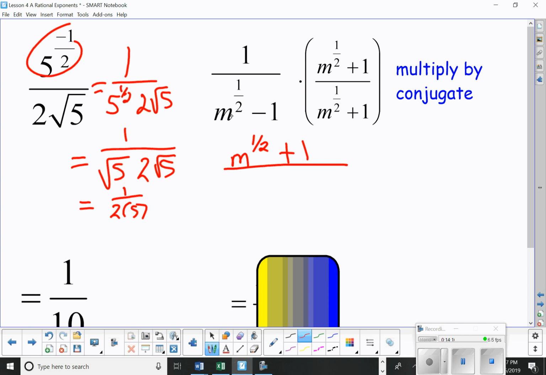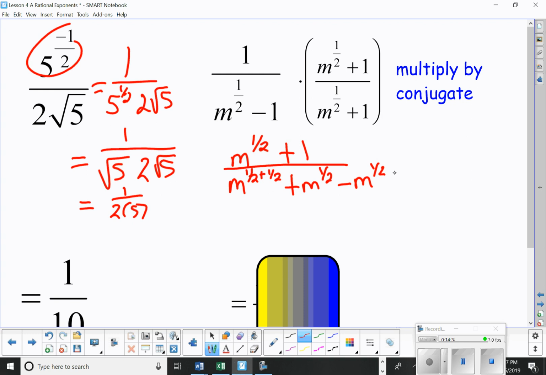In the denominator, m to the 1/2 times m to the 1/2. Remember that when you multiply like bases, you add the exponents. So this becomes m to the 1/2 plus 1/2. m to the 1/2 times 1, plus m to the 1/2 times negative 1, minus m to the 1/2.